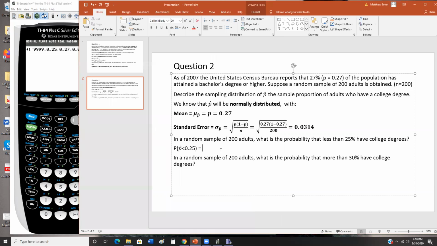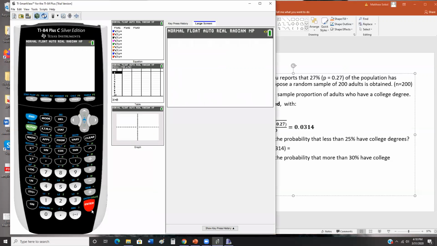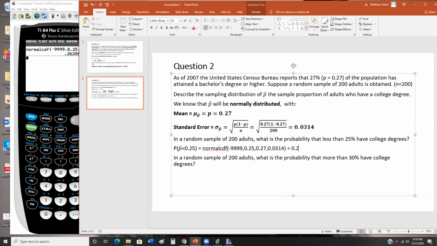So what we did here was normal CDF, negative 9999, all the way to 0.25, comma, 0.27 is the mean, 0.0314, that's the standard deviation that we just found. And it looks like our answer is 0.2621 when rounded. And that's it right there. That's our answer.